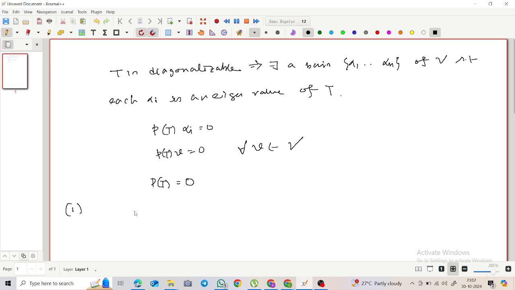We have proven one, that each characteristic value of T is a root of P(x), where P(x) is the minimal polynomial of T, right?